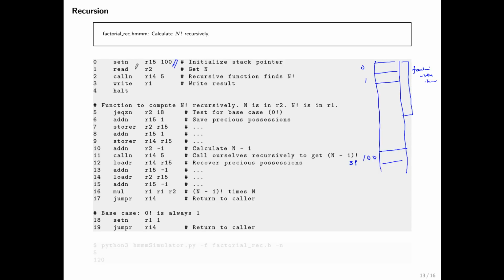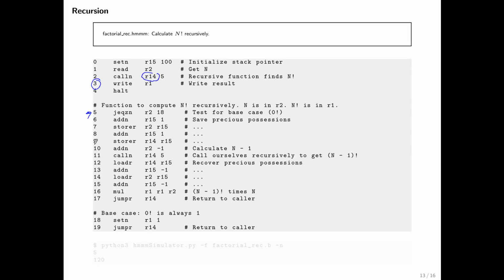And then what we do is we read a number, the number n, into register R2. That's our input. And then we simply call a function that's defined at 5. So this is the recursive factorial function. We'll talk about that in a bit. Now, when you do this, what is the value of R14? Well, R14 is going to be 3. Right?